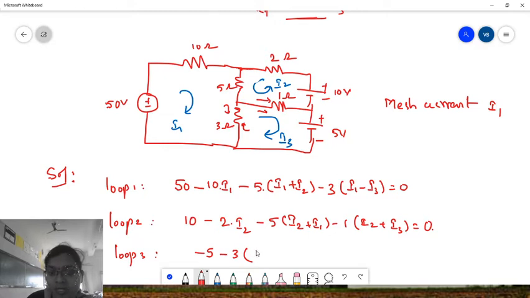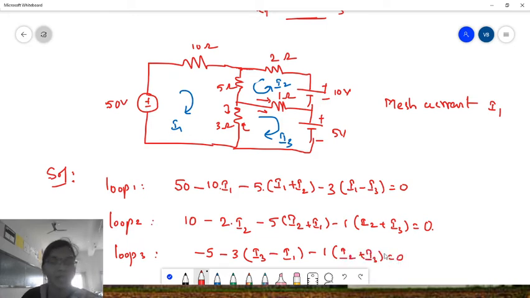Those two are opposite. We are considering loop 3. So first you write I3 minus I1, minus 1 into, both are in the same direction, that is I2 plus I3, equals 0. So like this we need to write the loop equations.